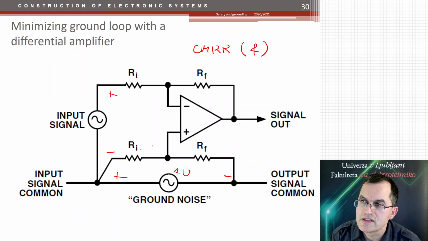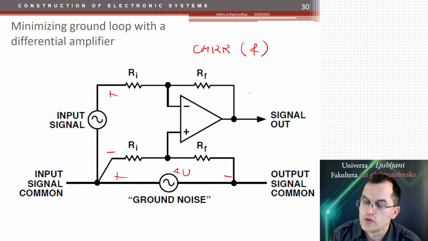All the resistors have to be really, really well matched. That means that a 1% tolerance in this resistor would lead to a 1% common mode rejection ratio, which is a lot. So 1% of this ground noise would then still be amplified.